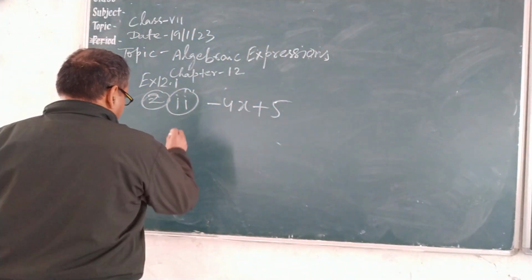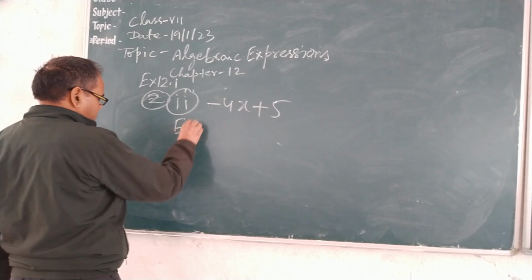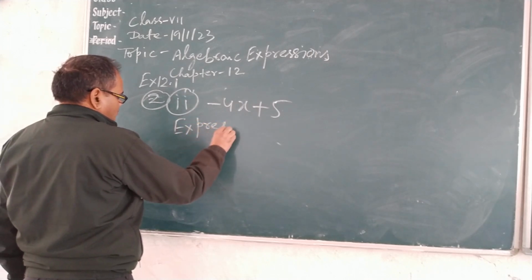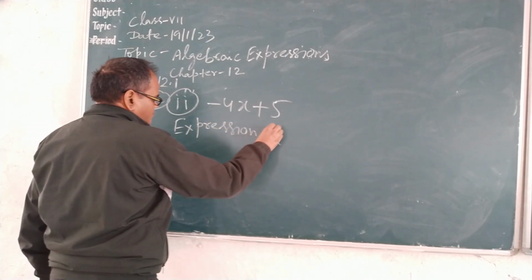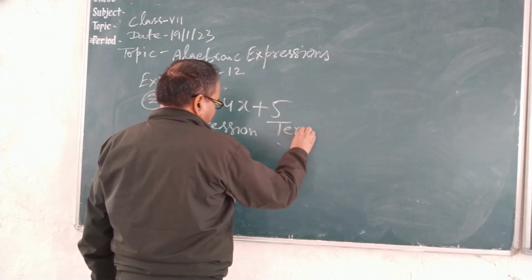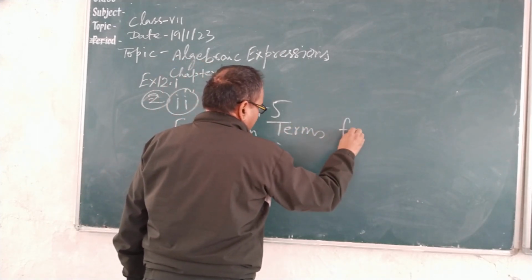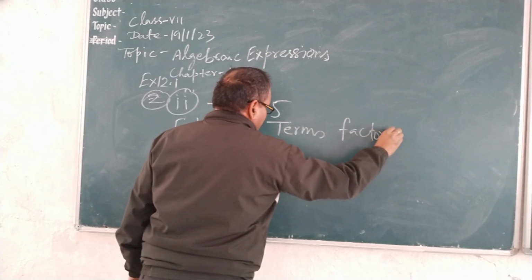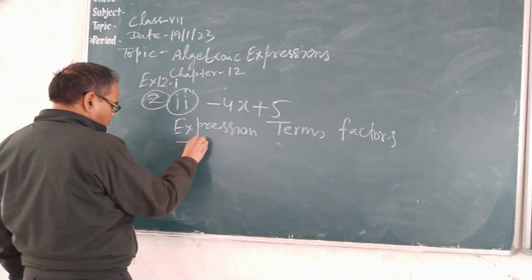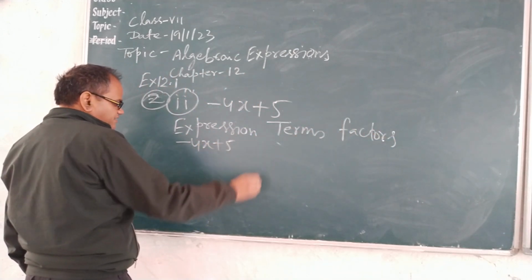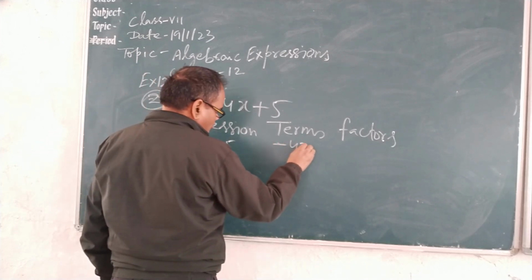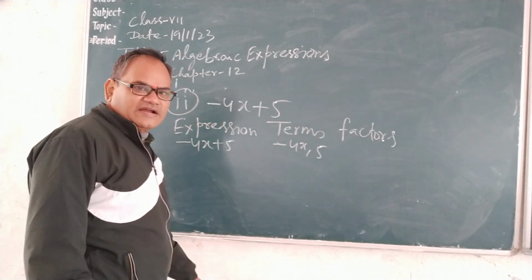Now first write here expression. Then you have to write here terms, and then you have to write here factors. Now what is the expression? Minus 4x plus 5. What are the terms here? Minus 4x, 5. What are the factors here?